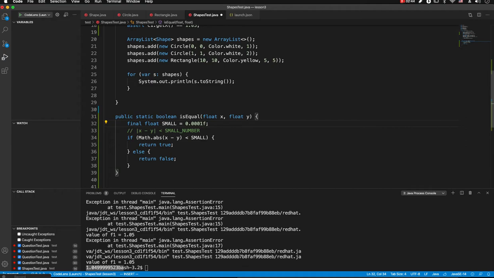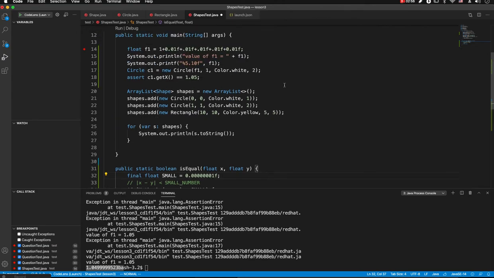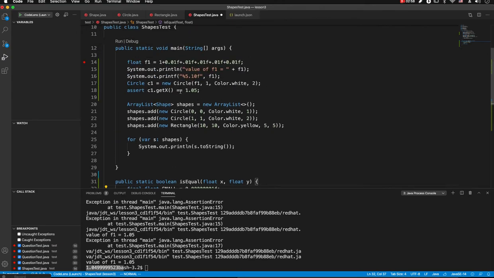For our case, let me just give a very small tiny number. We are comparing two floating numbers in shape representation, x location, y location, and area and the like. Then what you need to do here is something like this. We should do assert is equal.